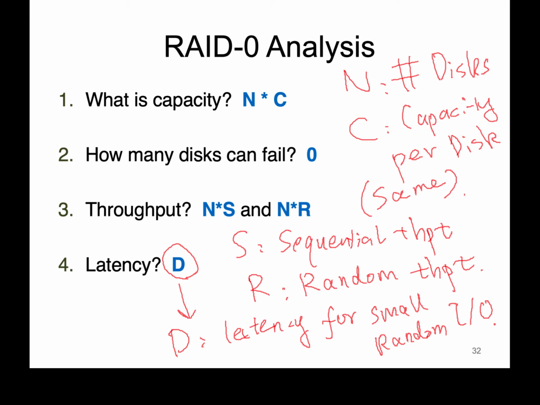Let's next go through each one of these metrics of interest to provide a theoretical analysis of this RAID 0 configuration. First of all, why is its capacity n times C? Well, this is relatively straightforward. Especially for RAID 0, it's striping.